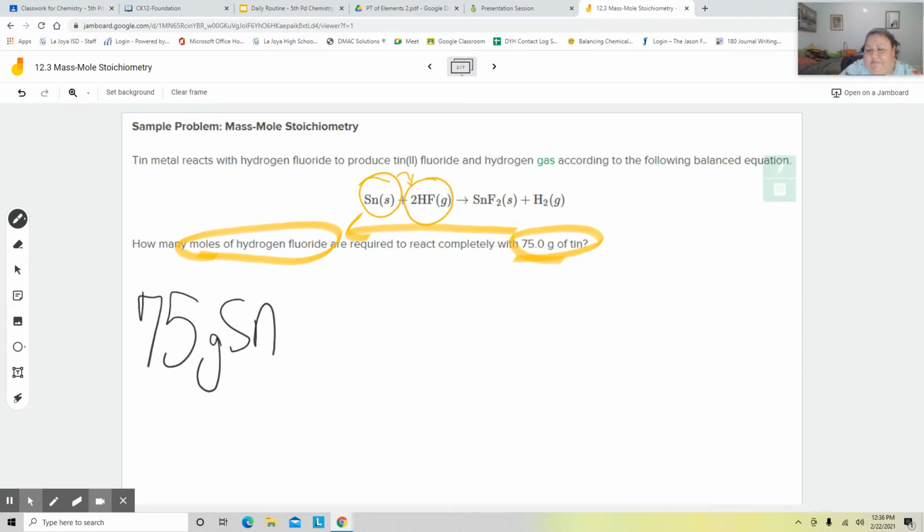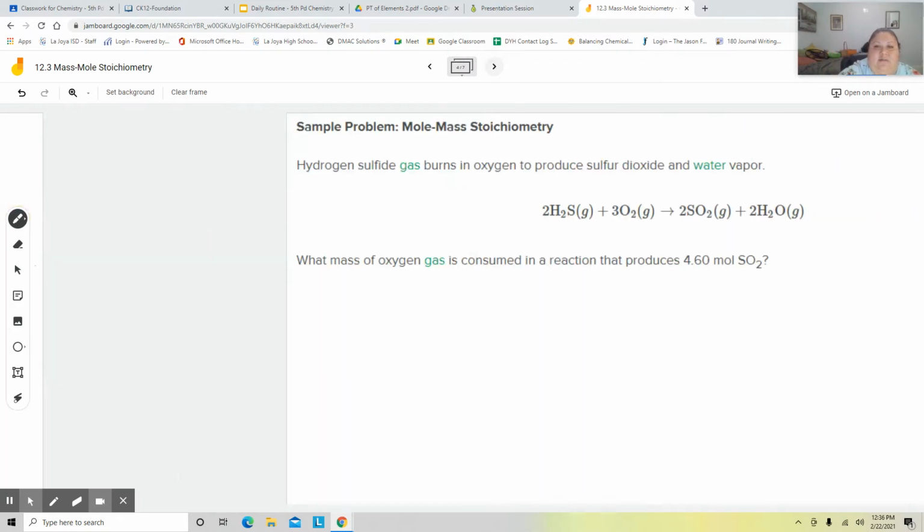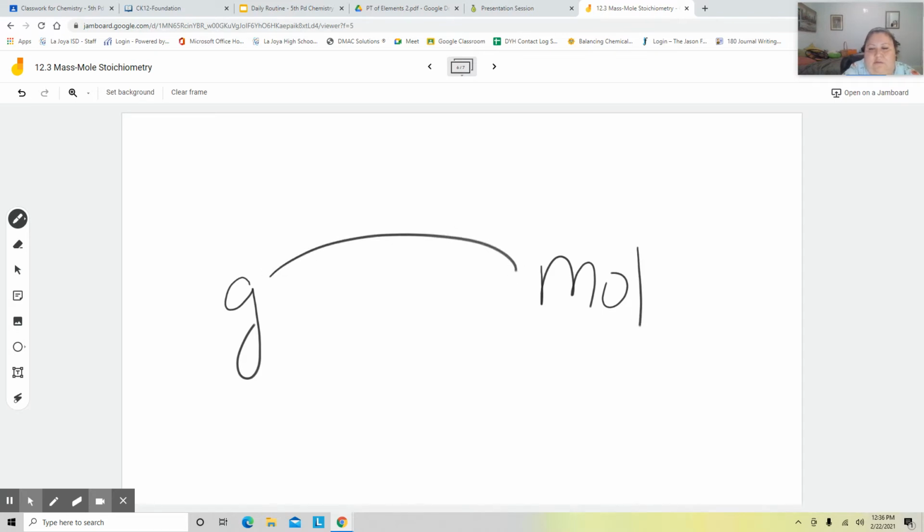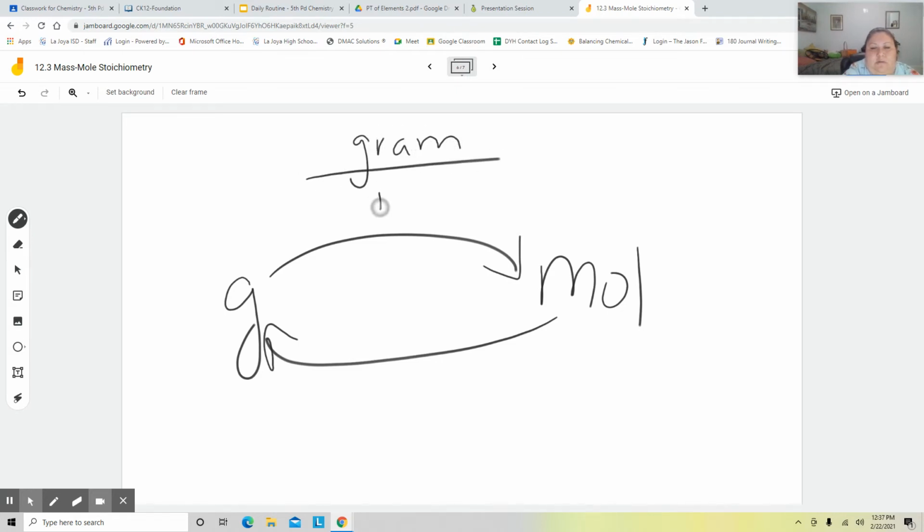Okay, and what are we going to do with it? I don't know. Let's go over to our diagram and let's recall if I'm in grams and I need to change it to moles. Remember this diagram? So if you are given grams, you will always divide it by the molar mass in order to change to moles.